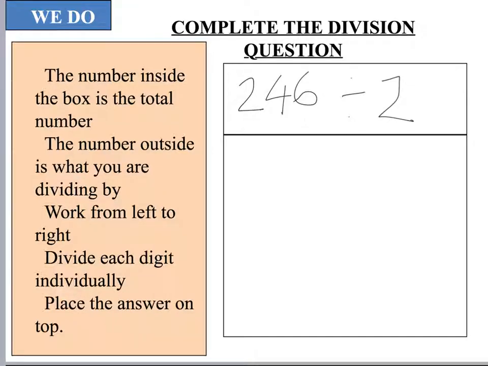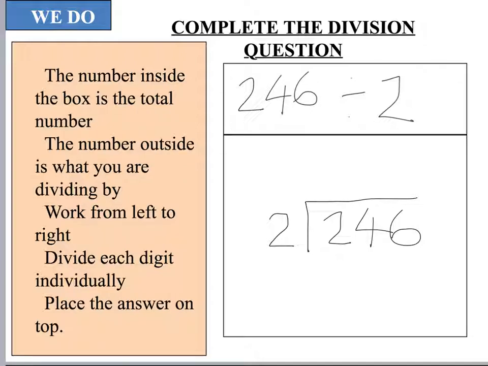Remember, the largest number, in this case 246, goes inside the rectangle. Let's draw our half rectangle. And then let's write 246 inside that. The number we are dividing by is 2. It goes on the outside of the rectangle. Let's put that in.